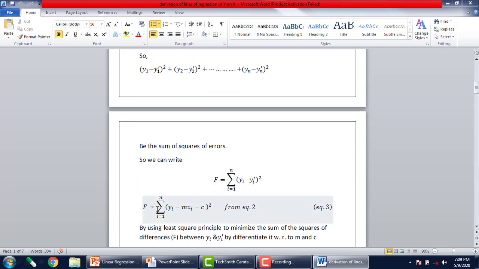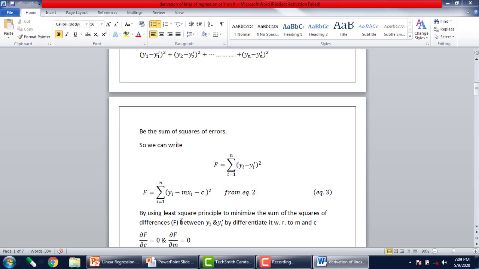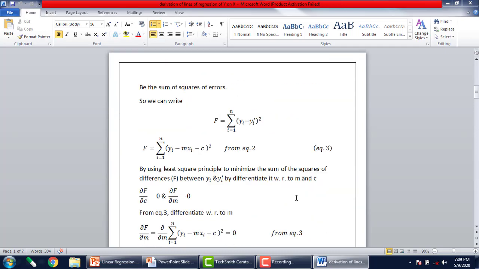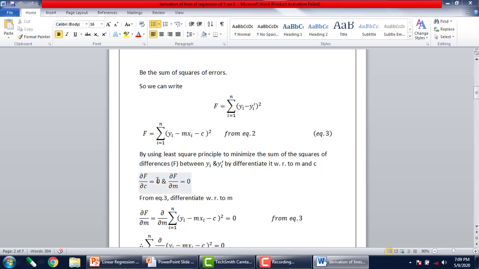That will become f is equal to summation i is equal to 1 to n yi minus mxi minus c square. So by using least square principle to minimize the sum of the squares of the difference f between yi and yi dash, we differentiate with respect to c and m. We'll take one by one.